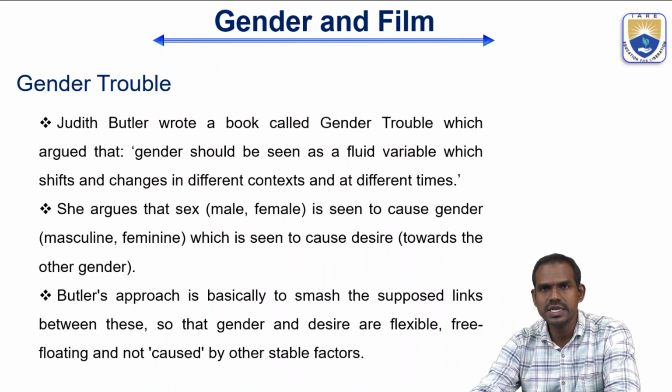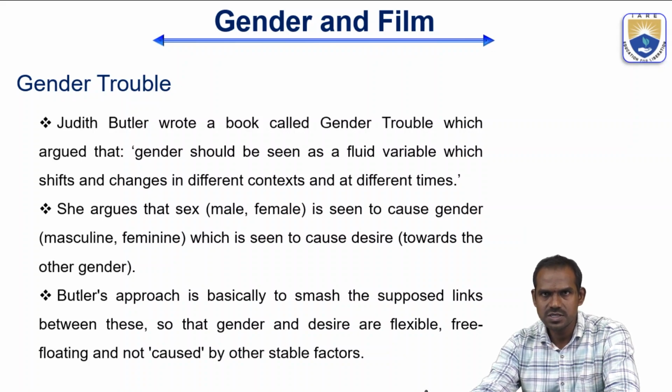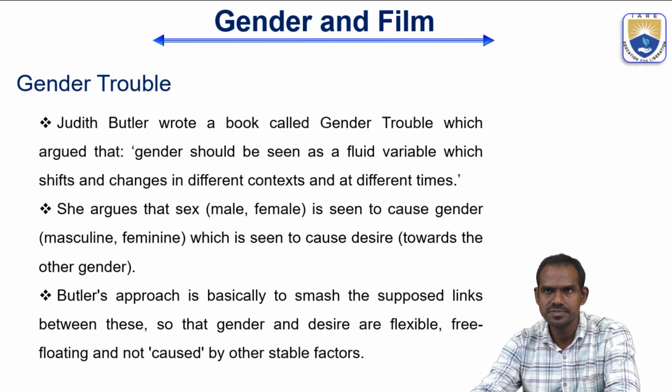And the next content is gender trouble. So Judith Butler is a woman. She wrote a book called Gender Trouble, which argued that gender should be seen as a fluid variable which shifts and changes in different contexts and at different times.